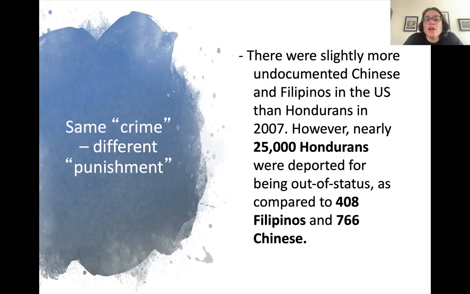There were slightly more undocumented Chinese and Filipinos in the US than Hondurans in 2007. However, nearly 25,000 Hondurans were deported for being out of status as compared to 408 Filipinos and 766 Chinese. And this goes back to how we are profiling who is an undocumented immigrant, right?